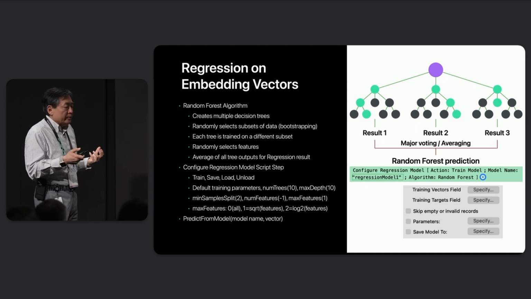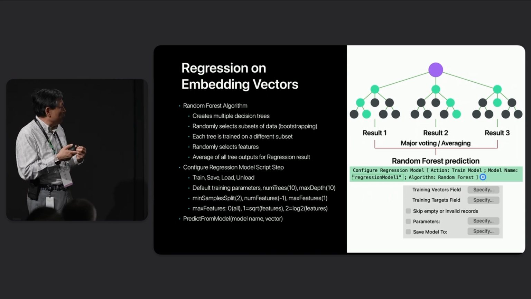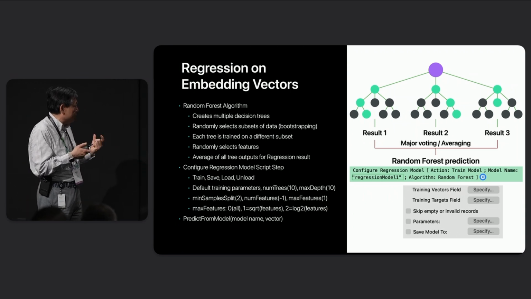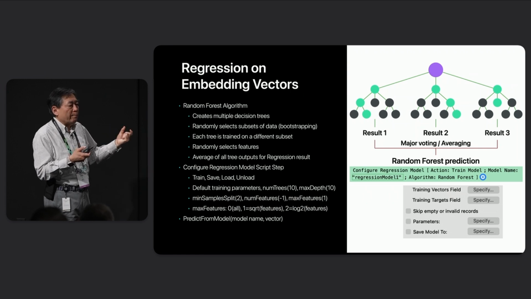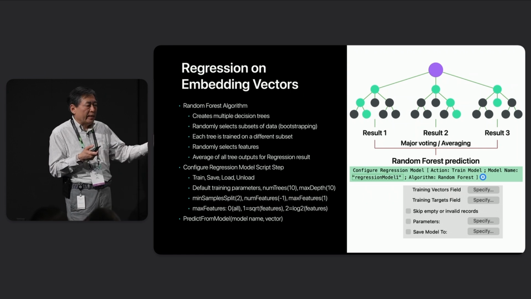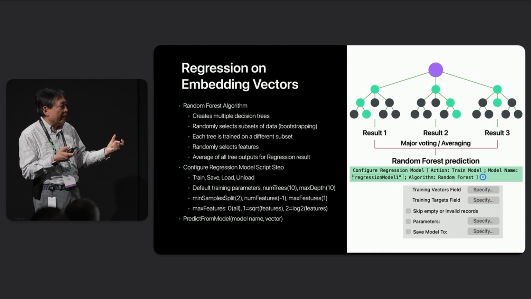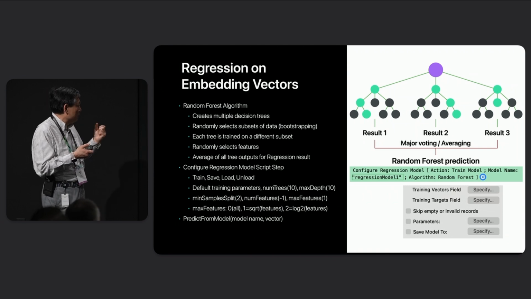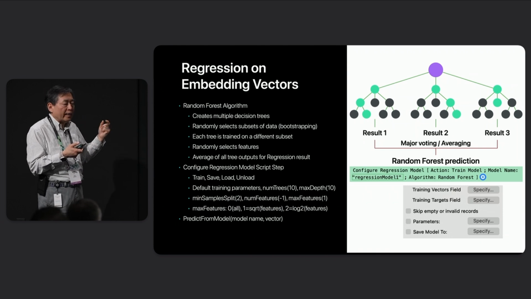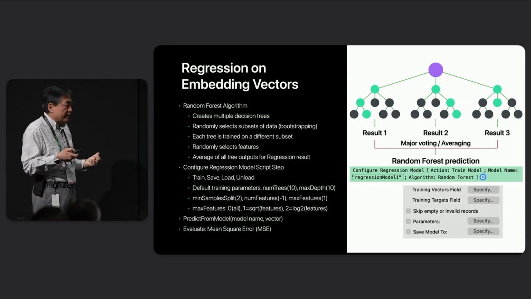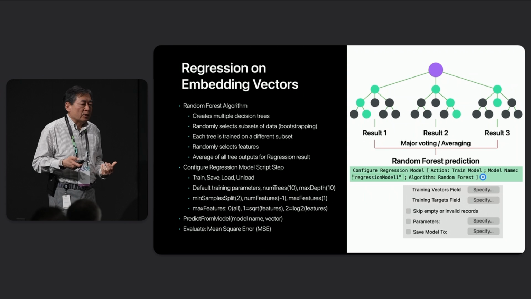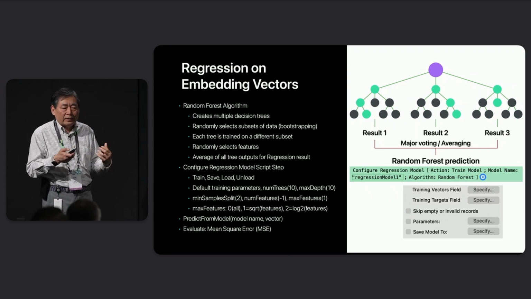After you train the model, we have another calc function called Predict From Model. You can just tell it the trained model name and the embedding vector you want to predict, and it gives you your score, your results. After that, I would suggest you evaluate on a testing data set to see how good it is.